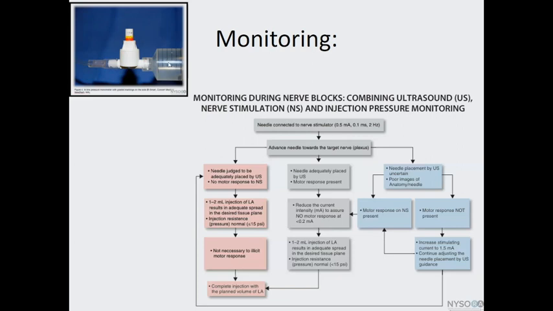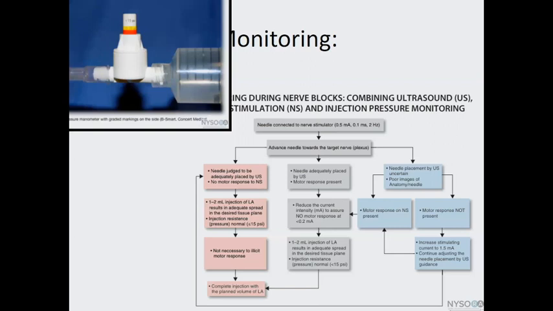If the pressure is too high, then this element will go up and you will see red. Red means it's wrong. The pressure increases when a needle is close to the nerve or within the nerve. And it even shows the value of the pressure. So it's a very simple method and very effective.